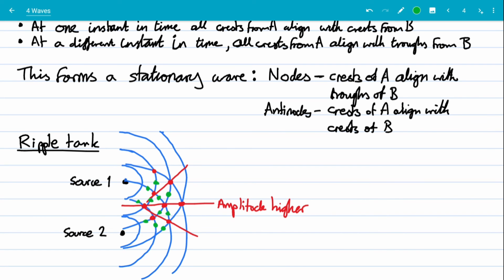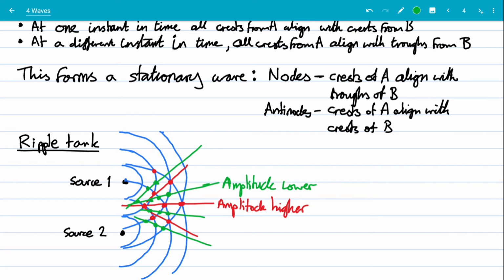So you end up with various lines, and you can see there's one there, and there'll be one there, and there'll be one there. Various lines that go between the red lines where the amplitude is lower. Amplitude lower. In fact, you'll even have amplitude of 0 in some places, but let's just say lower for now, because it won't always be perfectly cancelled.